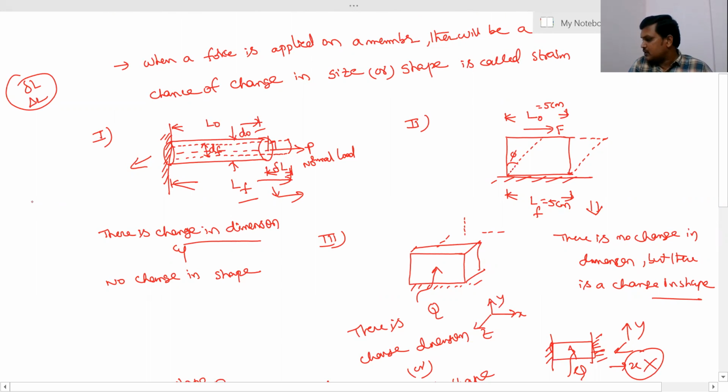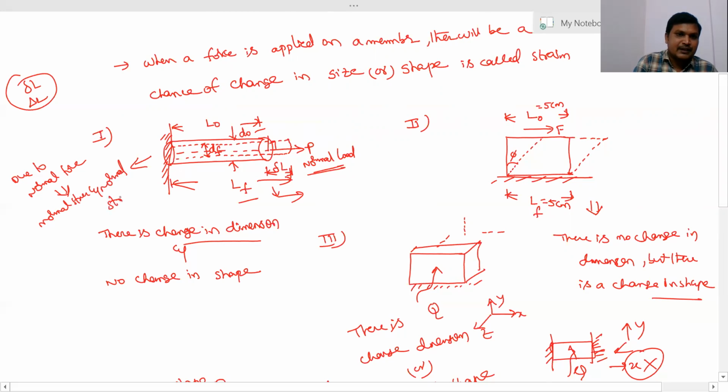So the normal force may cause normal strain. Whenever you are applying a normal load, due to the normal force there will be a normal stress and normal strain.